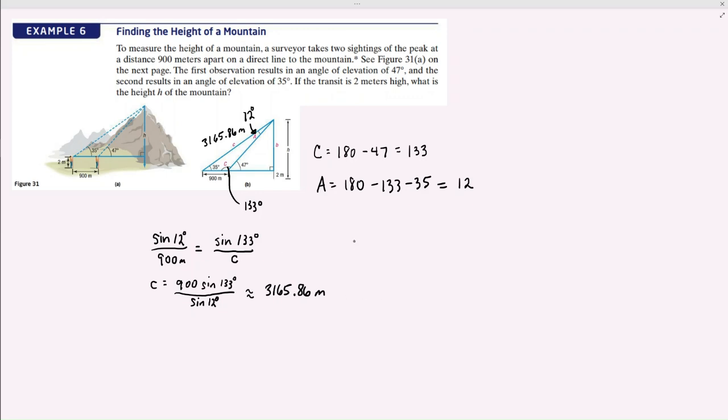And so if we think about solving right triangles, we know the sine of an angle is the opposite over the hypotenuse, right? SOHCAHTOA. So the sine of 35 degrees is equal to the opposite, which we can call B, over the hypotenuse, which we've determined to be 3165.86.